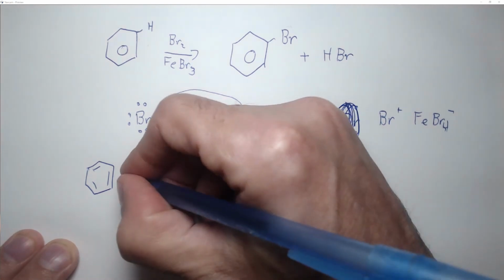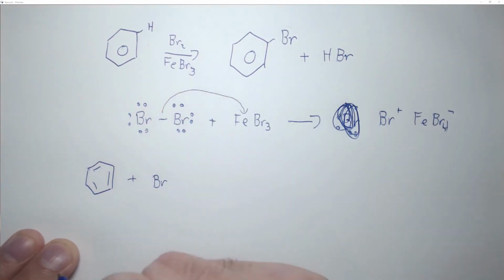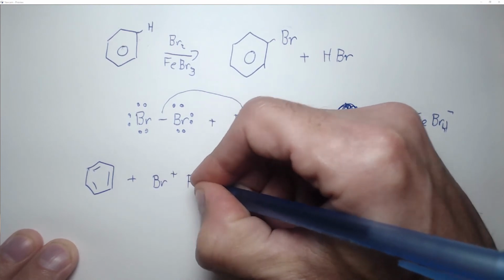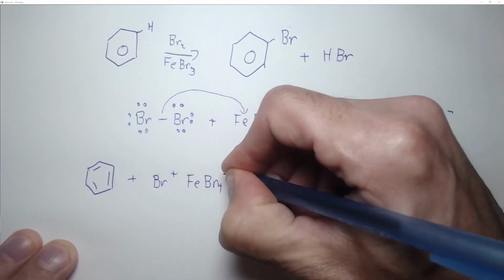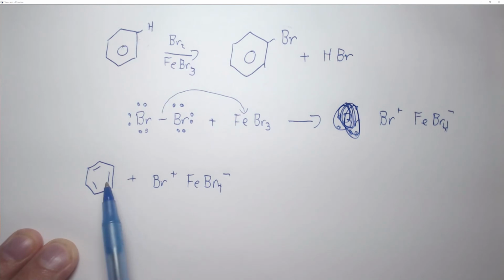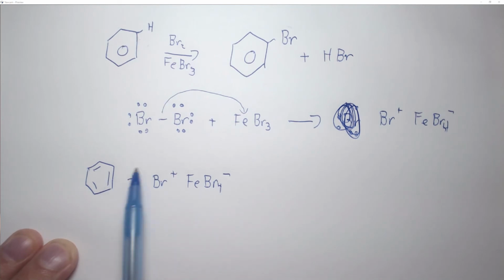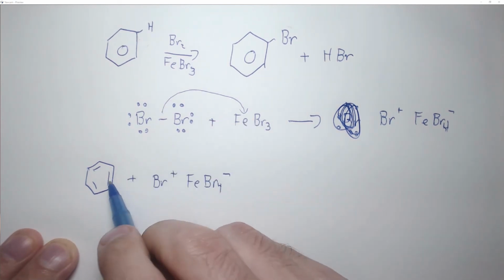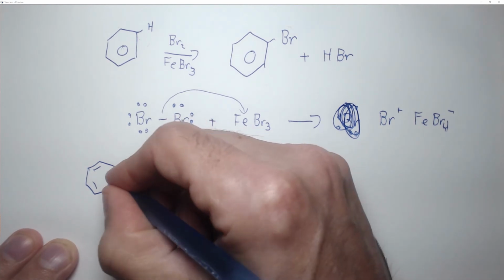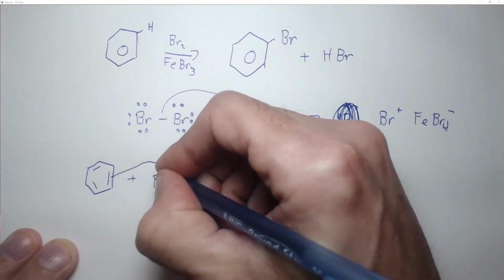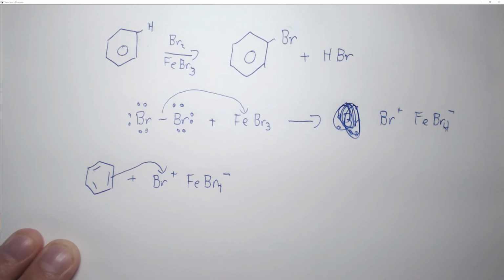So we're going to have Br plus and FeBr4 minus. When I say it's physically closest, just by the way it's drawn, this electron density acts as the nucleophile and attacks the Br plus electrophile.